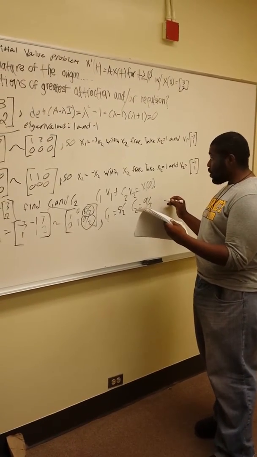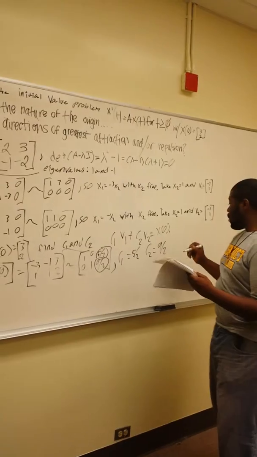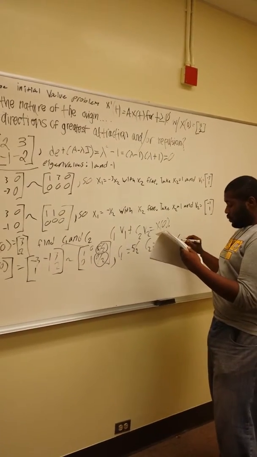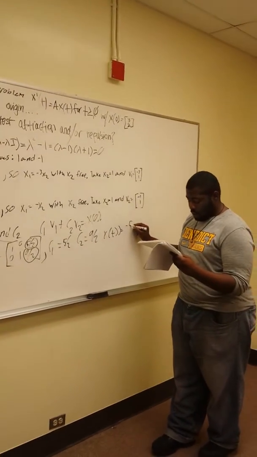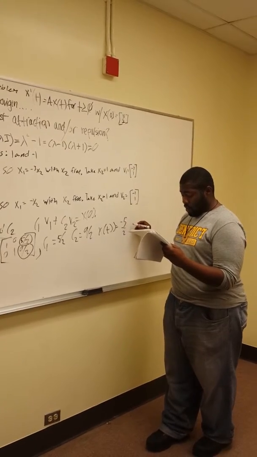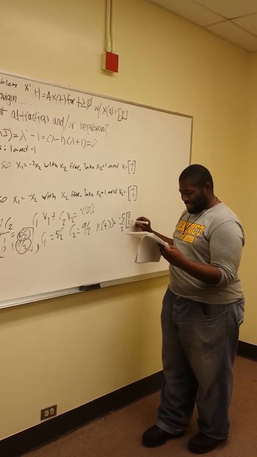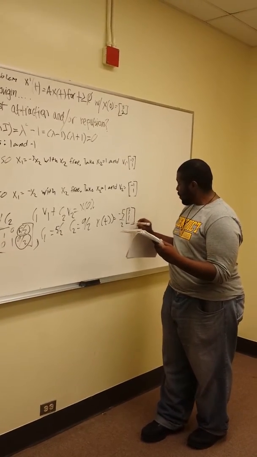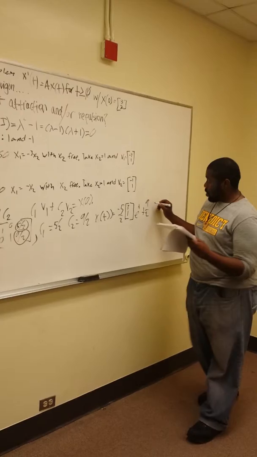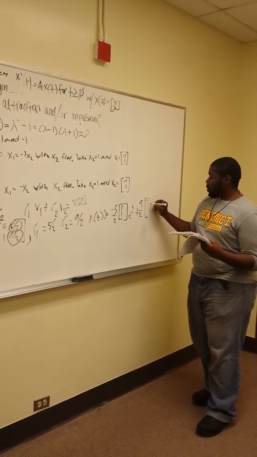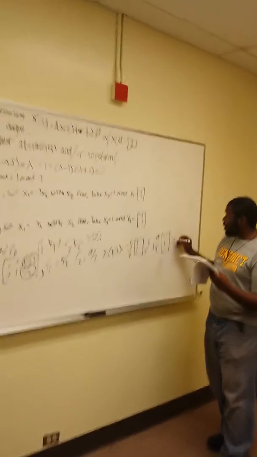And x of t equals negative 5 over 2 times (-3, 1) e to the t, plus 9 over 2 times (-1, 1) e to the power of negative t.